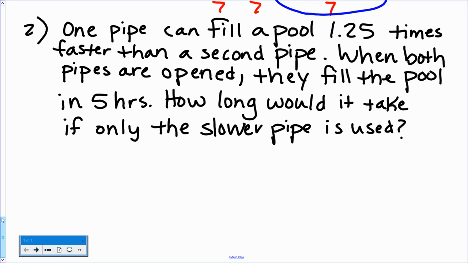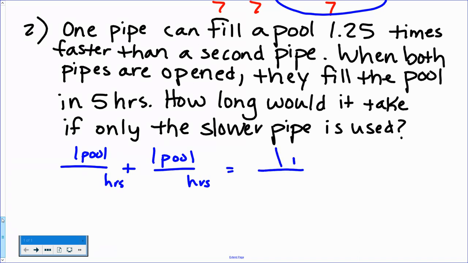So it will be a pretty similar setup. I'm filling up one pool over the amount of hours it would take one of those pipes. I'm filling up one pool over the amount of hours it would take the other pipe. And I'm filling up one pool, and the two of them open together is 5 hours.